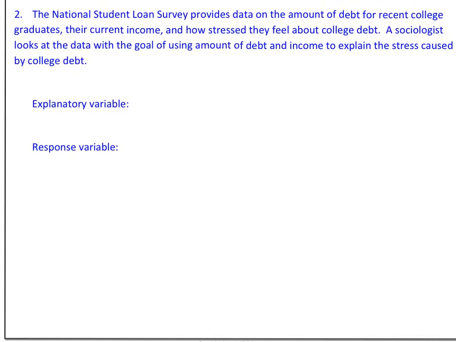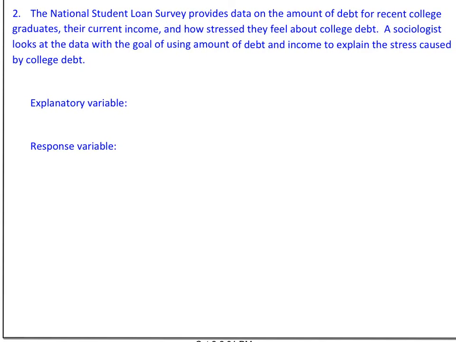Now this one's really interesting because, the way I read it, there are a couple of different explanatory variables. It mentions income and debt. The response is really clear, it's the amount of stress.